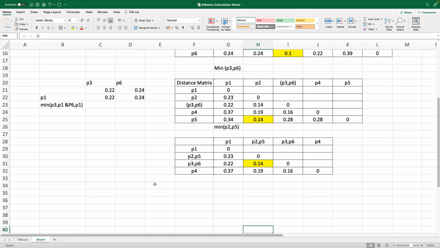Okay, in the next matrix, P1, here we have all the things. P2, P5 as one, P3, P6 as one, and then P4 as one. Transpose the same as the headers.